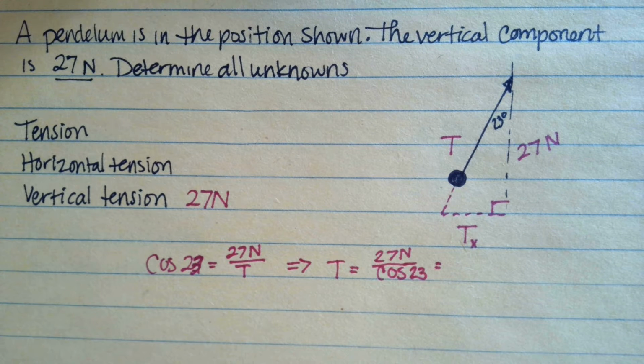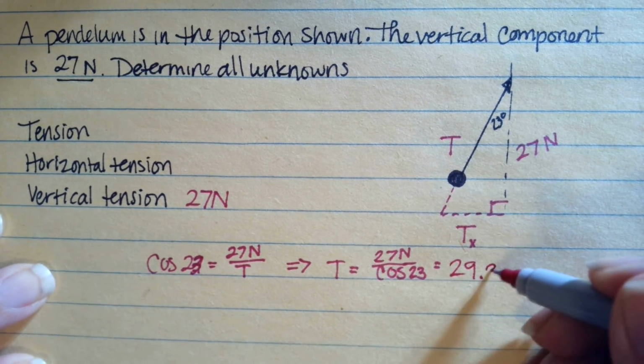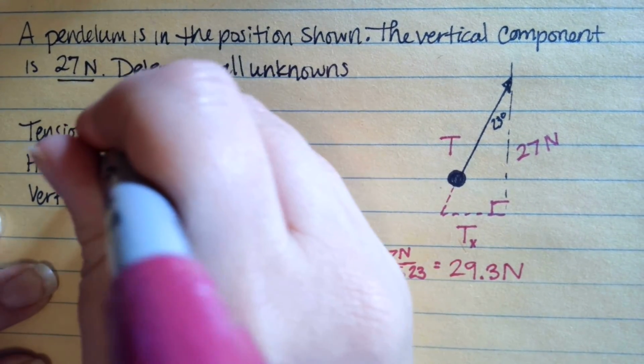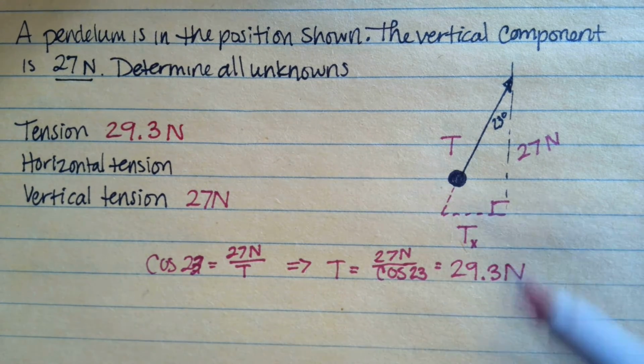That answer would end up being, let me calculate it real fast, 29.3 newtons. Oops, sorry. 29.3 newtons. Now to get the horizontal component, we're looking for the tension in the x direction.